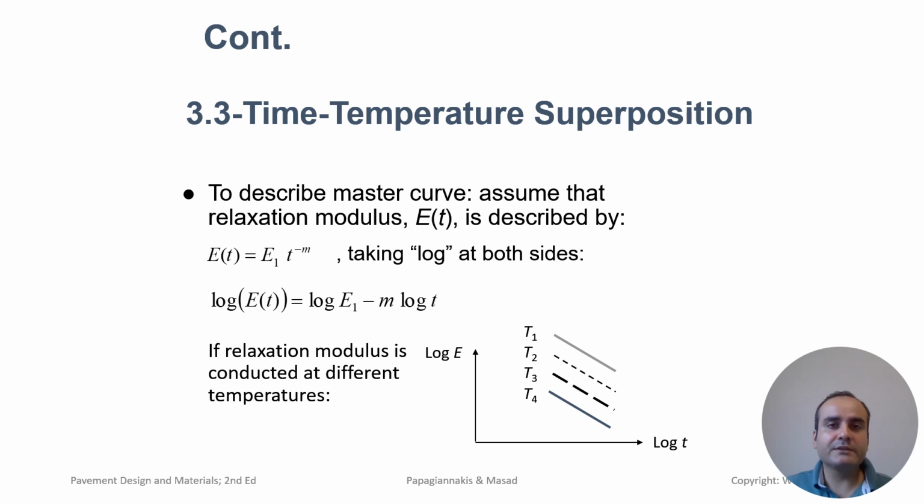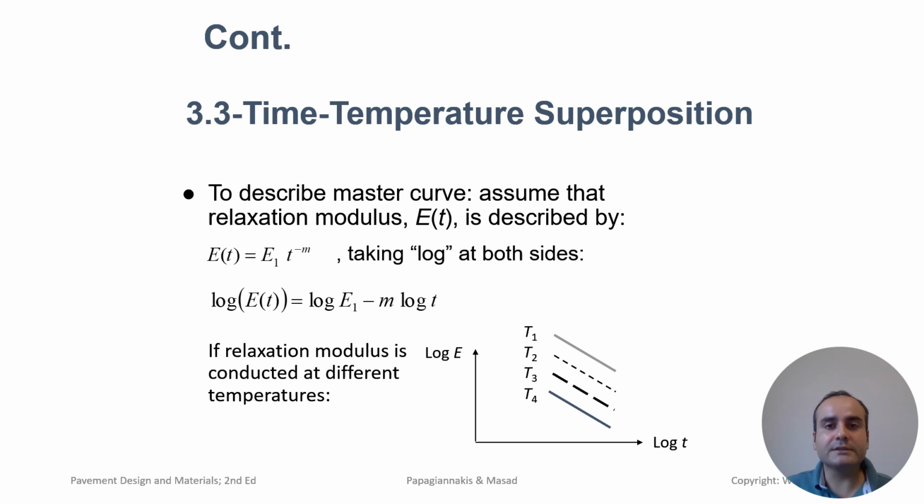A typical master curve for dynamic modulus would look like this. At high frequencies, simulating short loading times such as fast-moving traffic, the dynamic modulus would be high, indicating that the material is stiff and resistant to deformation.